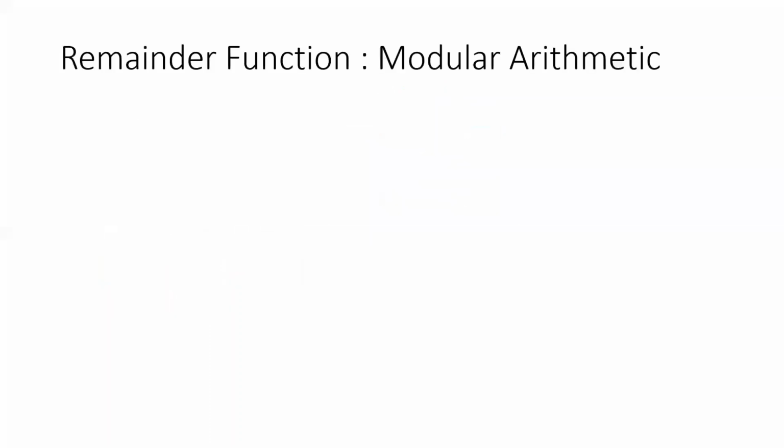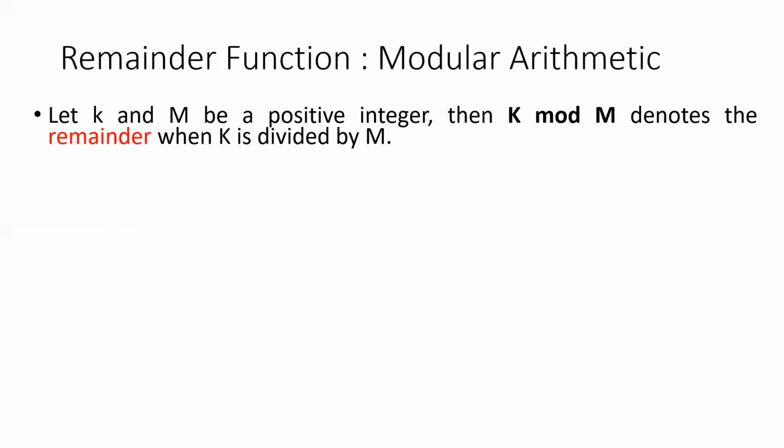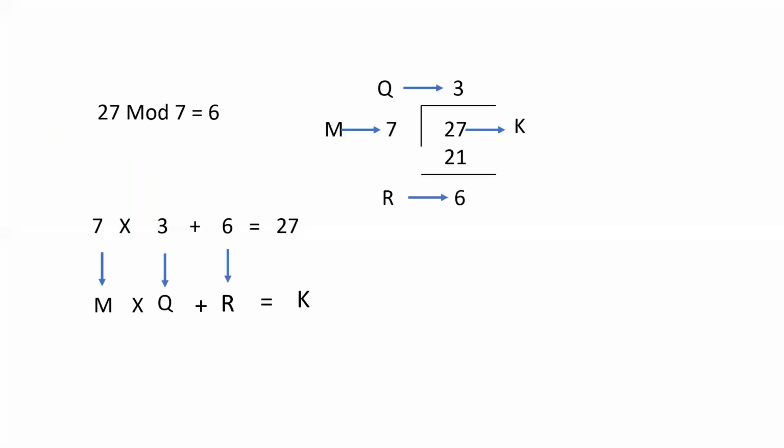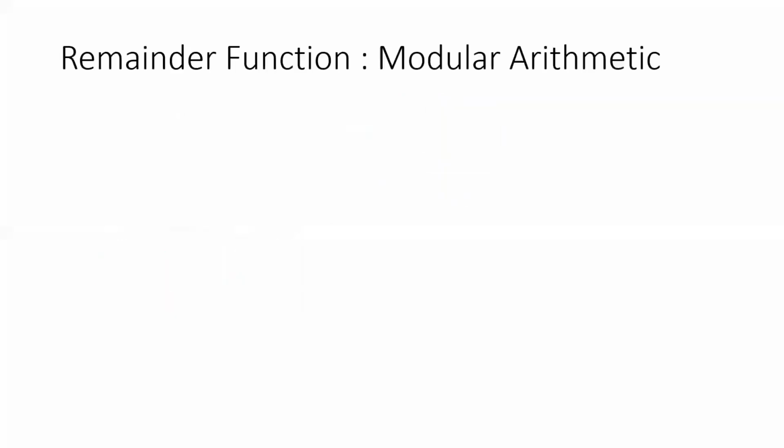In order to explain the remainder function, which is also known as modular arithmetic, let k and m be positive integers, then k mod m denotes the remainder. What is k mod m? In this example, 27 mod 7 will give you the remainder 6, right?